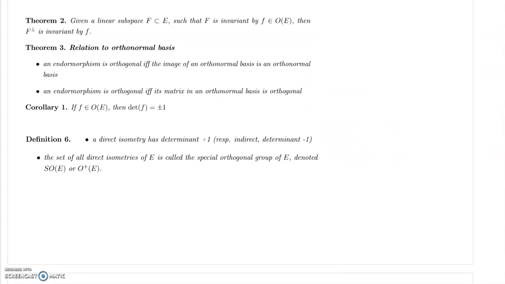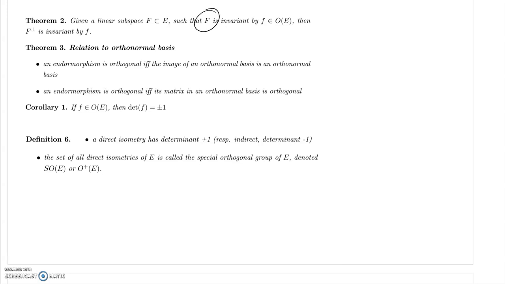Next, the theorem: given a linear subspace F included in E such that F is invariant by small f, which belongs to the orthogonal group, then the orthogonal of F is invariant by f. That's a lot of play on words, so let's cut that into small pieces.